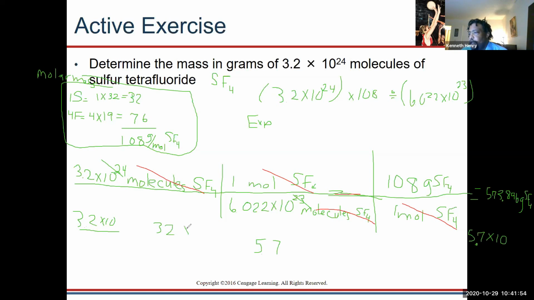So 32 times 108 divided by 6.02. If you enter that, that's going to give you 573.